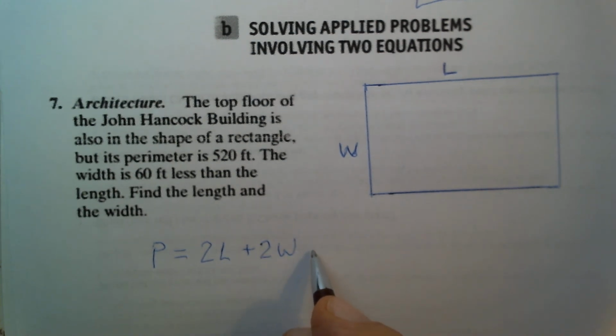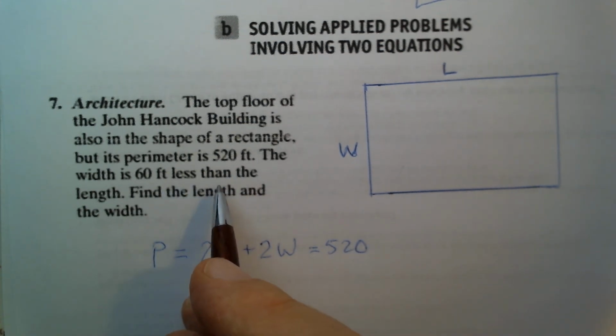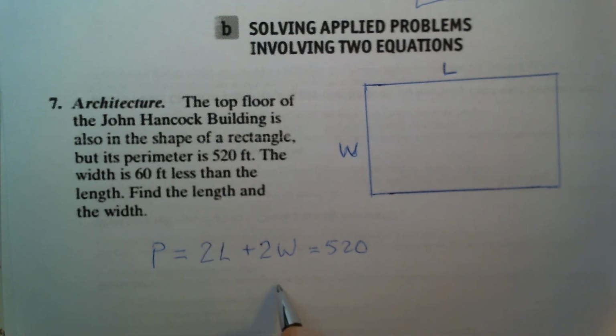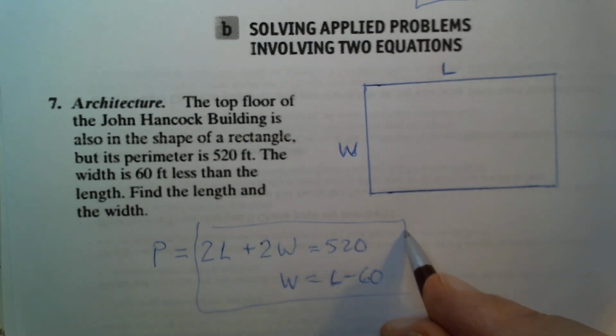Now we know that the perimeter is given to be 520 feet. Now we are also told that the width is 60 feet less than the length. So we have the equation W equals the length minus 60 feet. So how can we solve this system of equations by substitution?